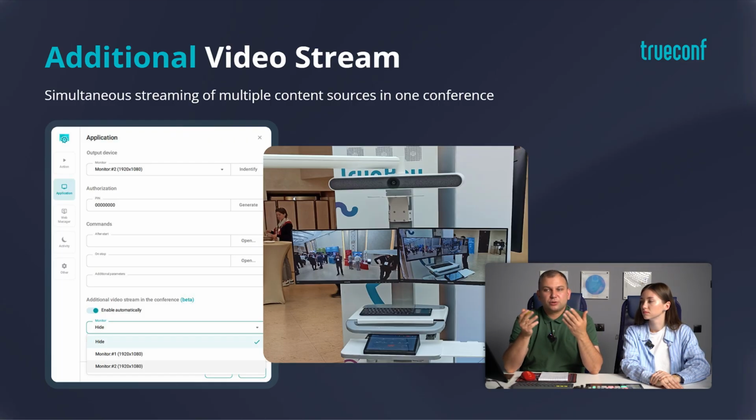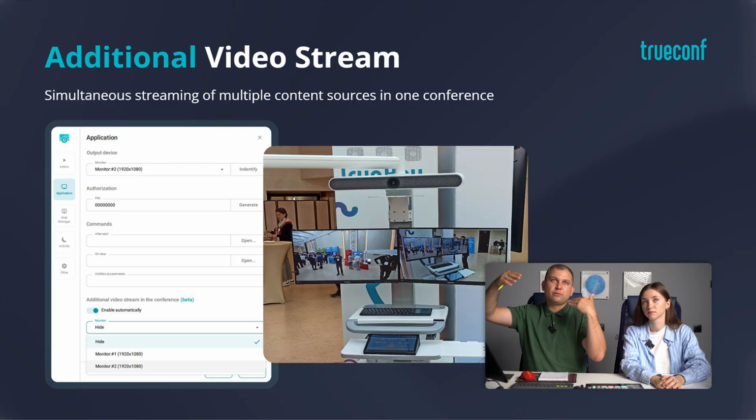We call this additional video stream, but basically it is a dual video or live-time video, whatever. The idea is that when you join the conference and the content stream is active, the TrueConf Room application will send the second video stream from that content source to the conference. Or it could be not a content source, it could be a second camera.